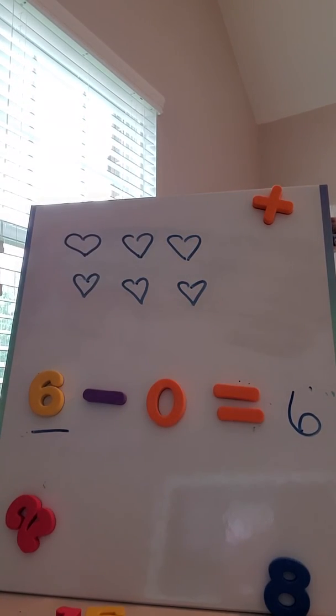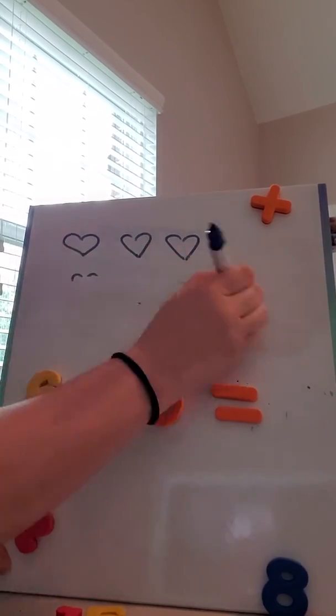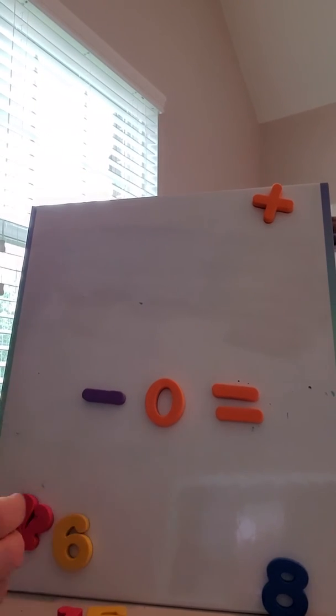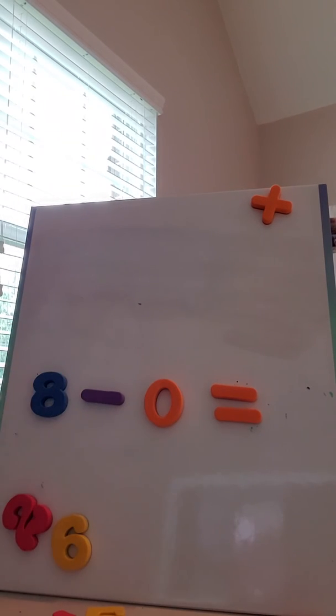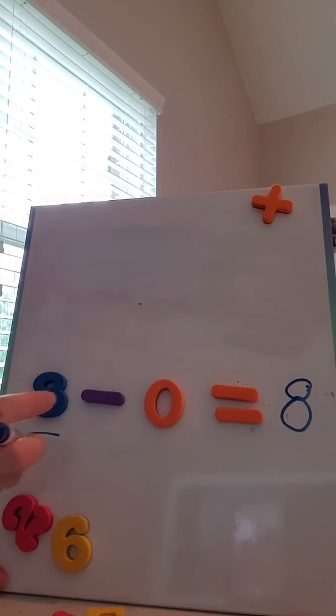Okay, very good. Let's do a few problems here so that you can practice. And then we'll move on to the last concept here. So if I have, let's see here, 8 minus 0. Very good. It's 8, right? Because it doesn't change.